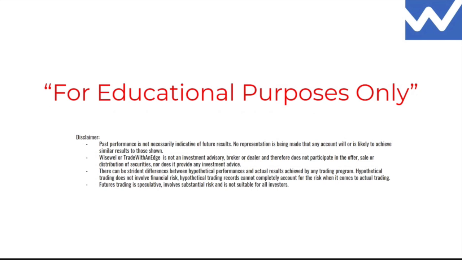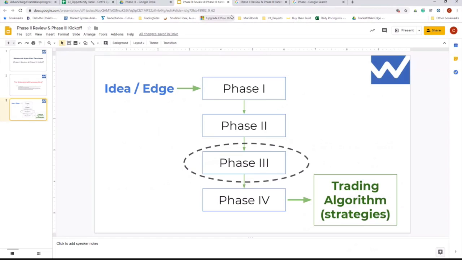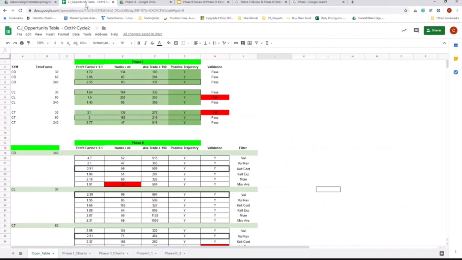Okay, with that, let me walk you through some of the highlights of Phase 2, or at least bring you a recap on some of the things that we did in Phase 1 and Phase 2. Basically we talked about the idea. We identified the 3 instruments in Phase 1, and then we had 3 time frames, and we narrowed in on what instrument and time frame we want to work on.